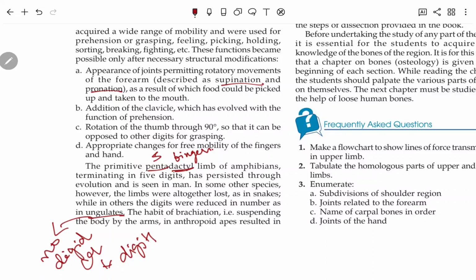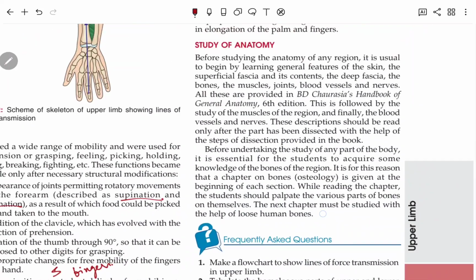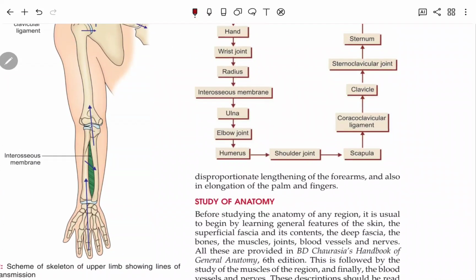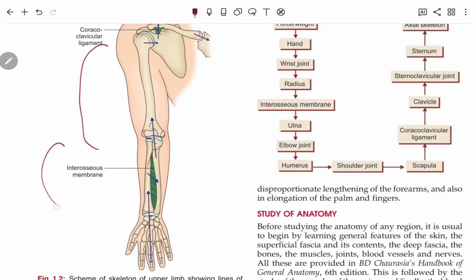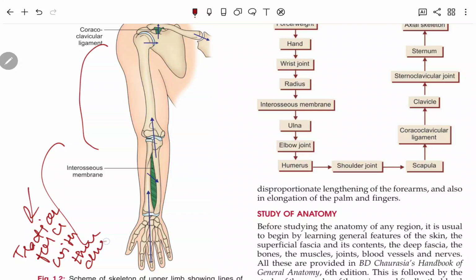The habit of brachiation, that is suspending the body by the arm in anthropoid apes, resulted in disproportionate lengthening of the forearms and also in elongation of palm and feet. Yeah, if the hands or anything is hanging, some kind of traction force will be there due to gravity.